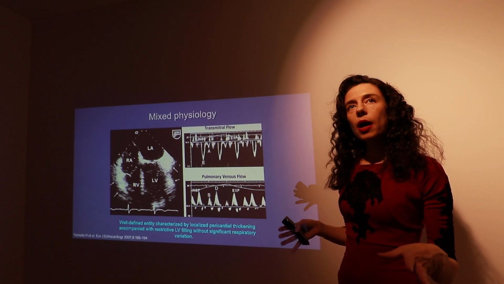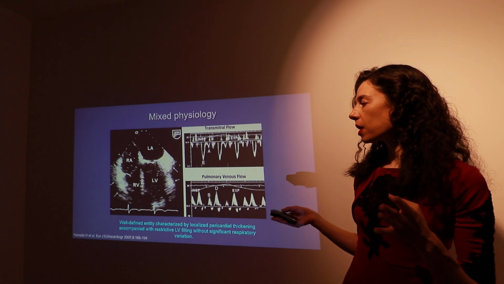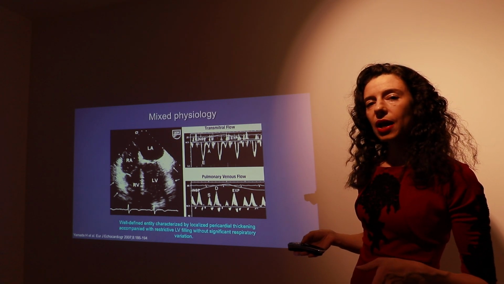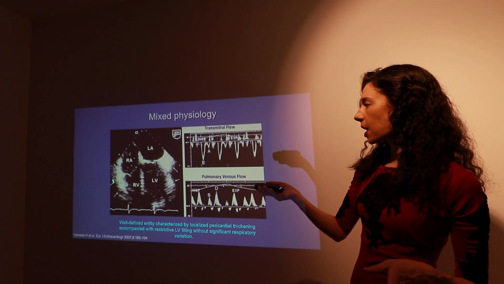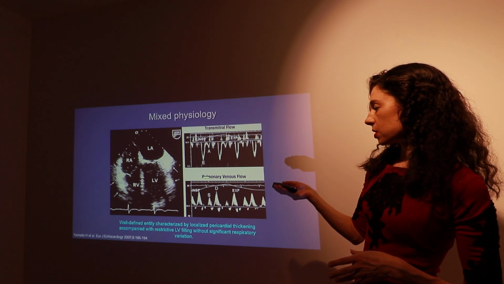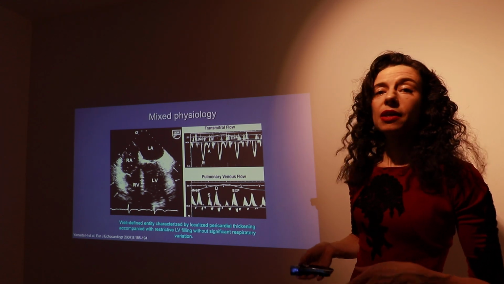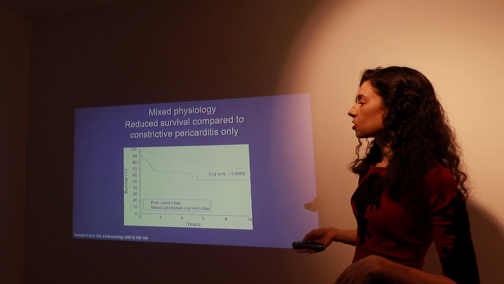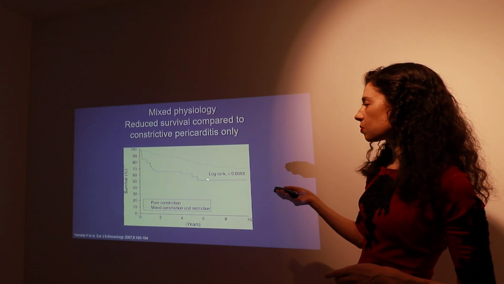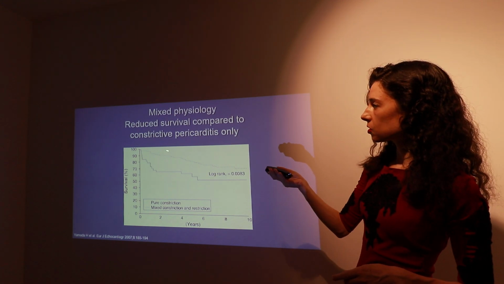We also have a subset of mixed physiology, a well-defined entity characterized by localized pericardial thickening, as you see here, accompanied by restrictive filling but without significant respiratory variation. It should be said that patients who have mixed constriction and restriction have reduced survival compared to patients with constrictive pericarditis only.